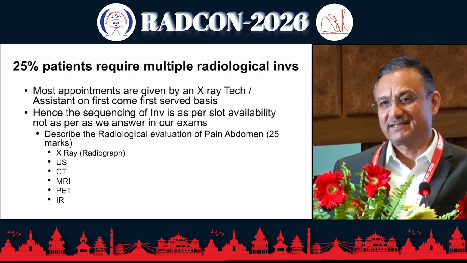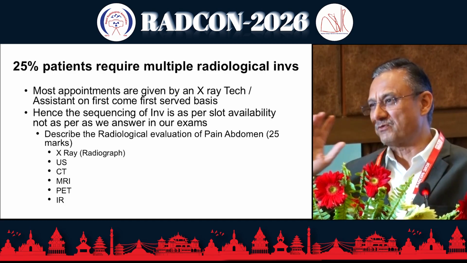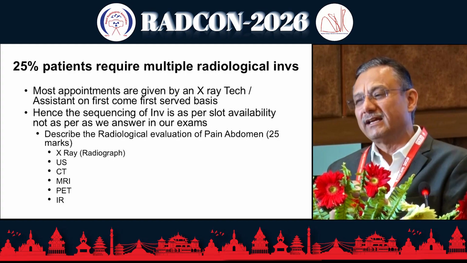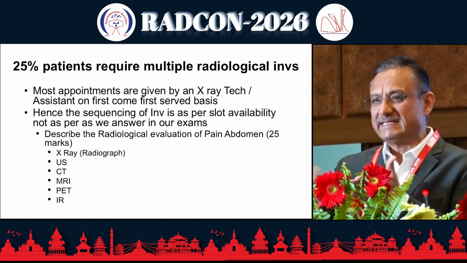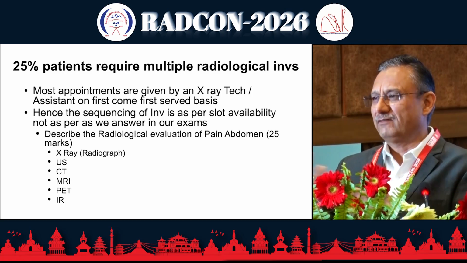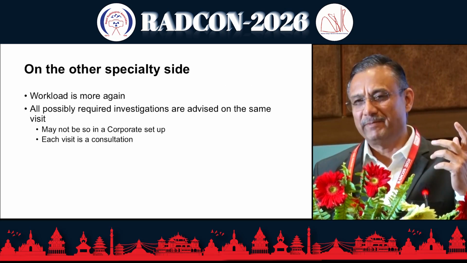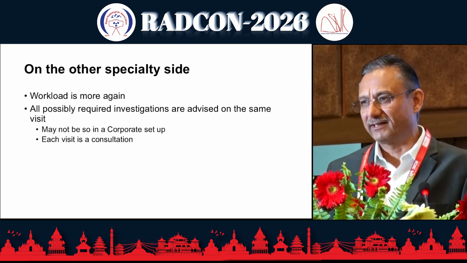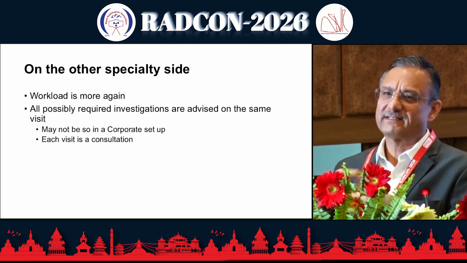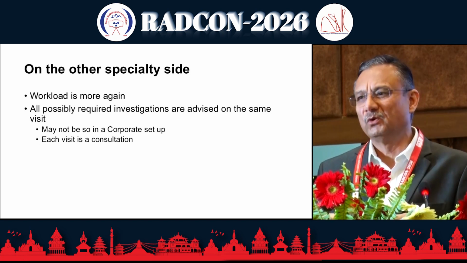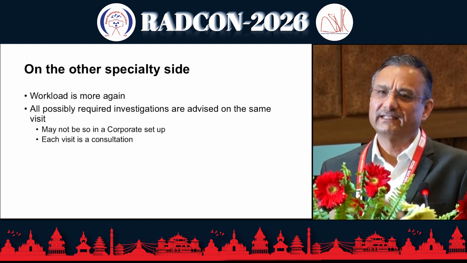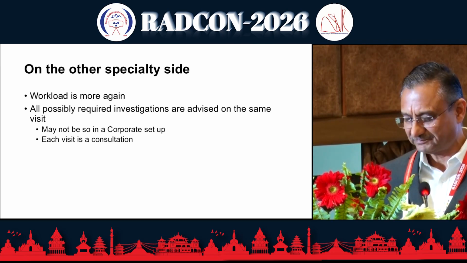So what happens? The doctor over there also, instead of going in a logical manner, says, "Acha, pain abdomen hai, can be a ureteric colic," and advises X-ray, ultrasound and CT, all at one go. And back then in 2012, an IVP would also figure in. So all the investigations have been advised at one go in the OPD because he has to reduce the number of visits and the number of patients that he's seeing.